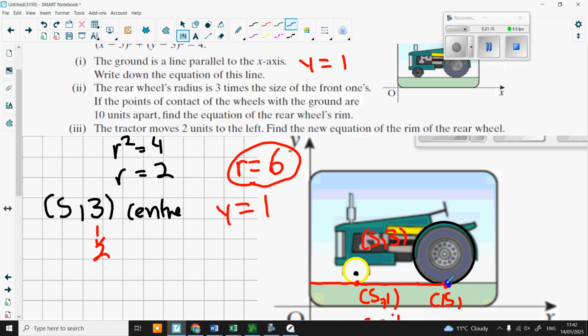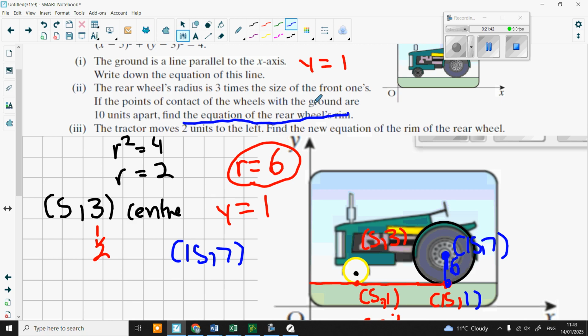Yeah? So this blue point is the point 15, 1. Why is it the point 15, 1? And then raise it up 6. And what do you get? 15, 7. So the center of the circle is 15, 7, and its radius is 6.